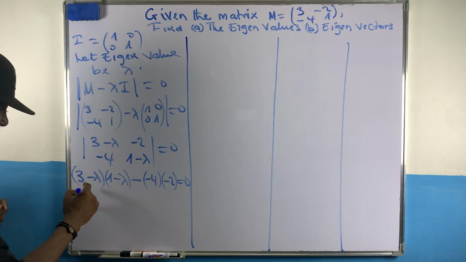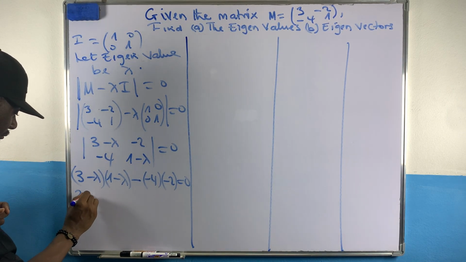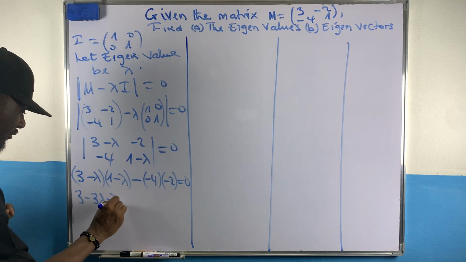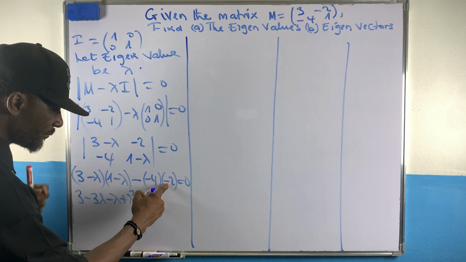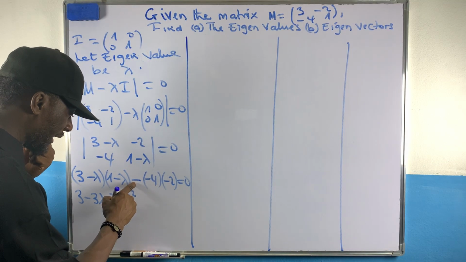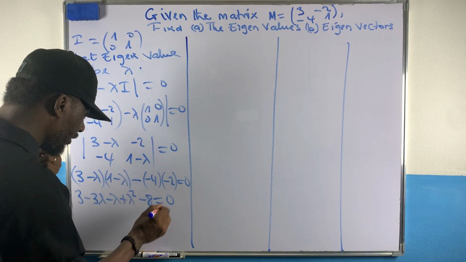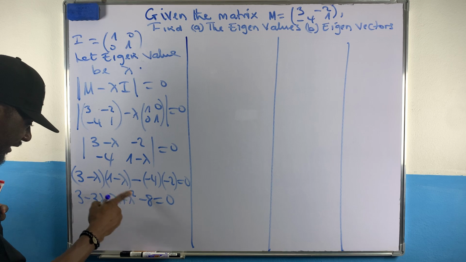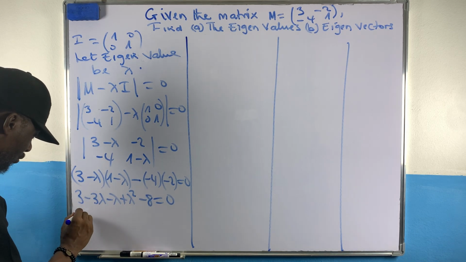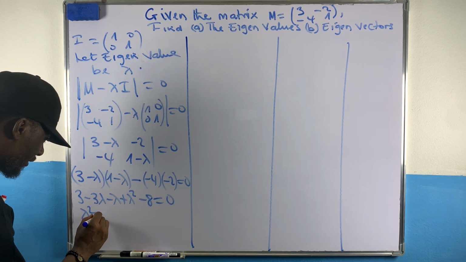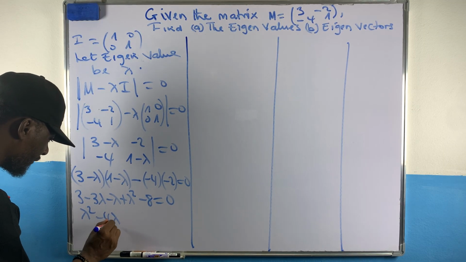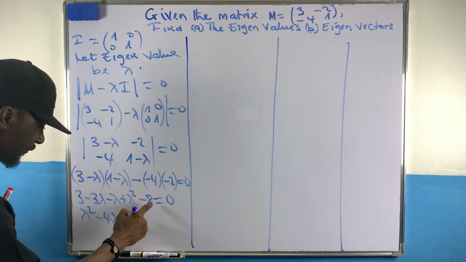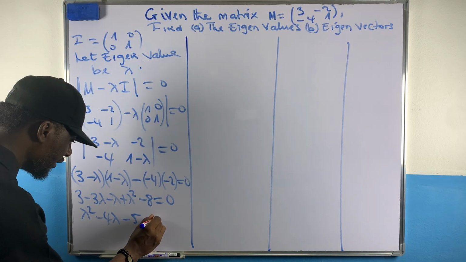When we expand, we have 3 minus 3 lambda minus lambda plus lambda squared, and -4 multiplied by -2 is 8, so this gives us -8, equal to 0. You already see that this is a quadratic because the highest power is 2. So I have lambda squared, and when we simplify, it gives us -4 lambda, and 3 minus 8 gives us -5, equal to 0.